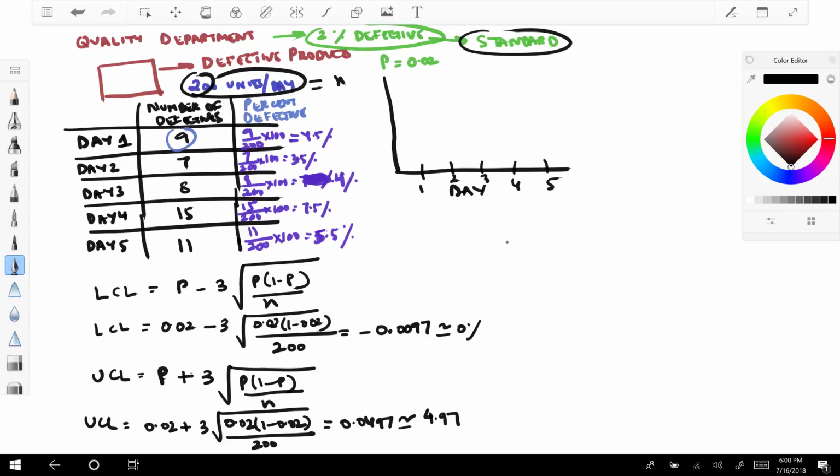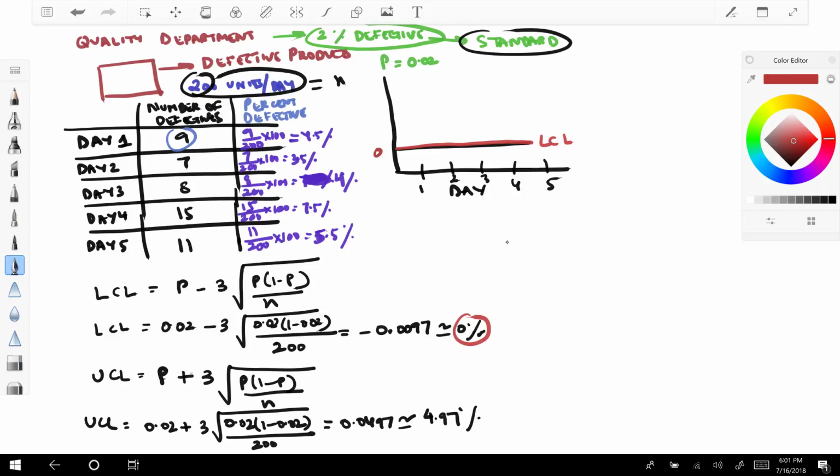So now I will draw the lower control limit. Maybe I will use a different color. So this is lower control limit. So the lower control limit is 0%. So this is 0. And then upper control limit is 4.97%.